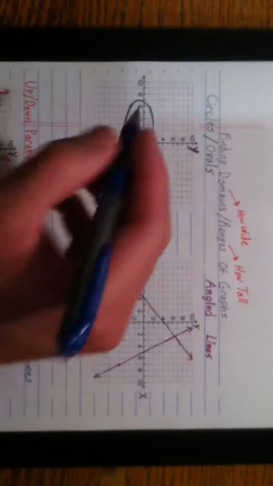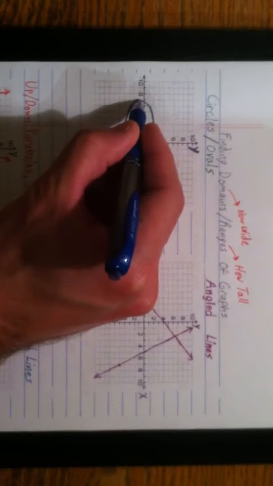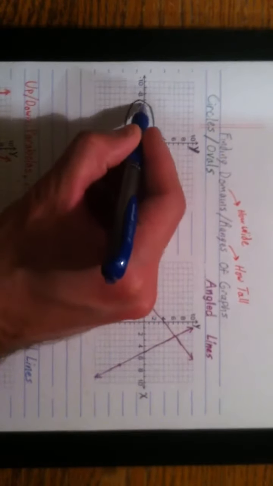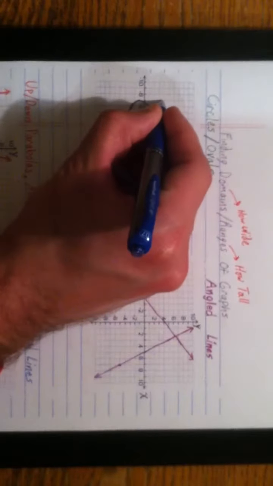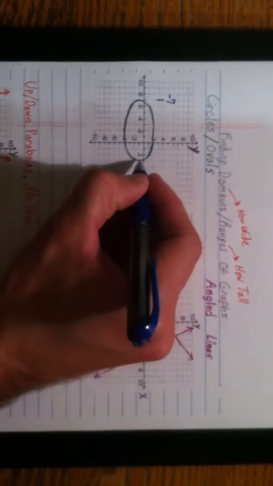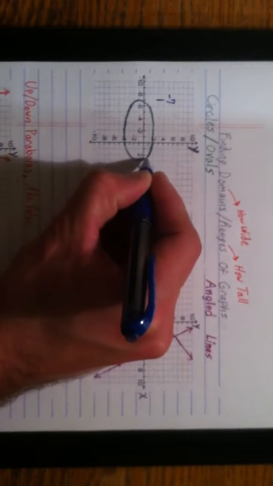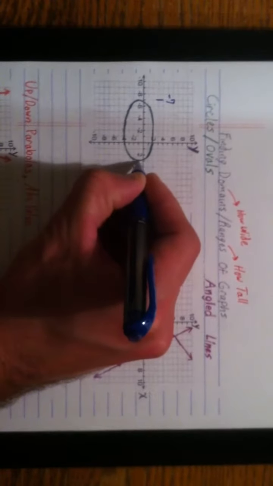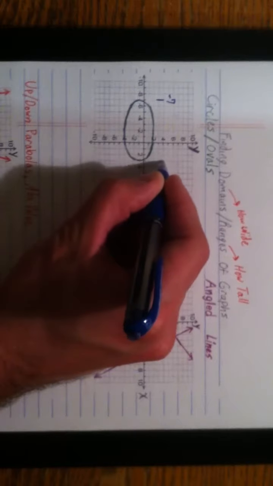So looking at our graph, this is the furthest left point, right over here, at an x value of -7. And how far to the right does that move? All the way over here. This is the furthest right point on this oval, right here at an x value of +3.